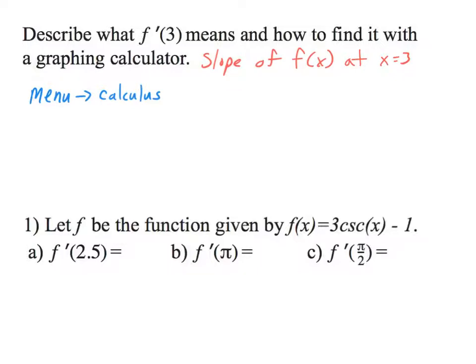Once you hit enter, it'll give you something that looks like d dx, with parentheses, and a line, and then x equals a number. The number you typed in the template will go here, and your function will go here. You're going to type in your function, and that's f of x. Then the function goes here, the number here, and that will give you, boom, an answer, which is the slope at 3, or whatever you're dealing with.